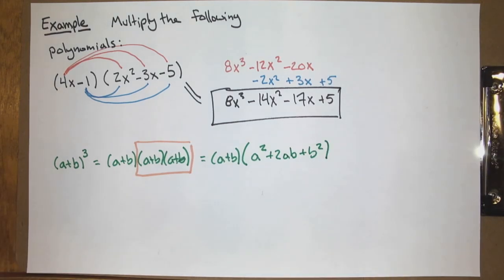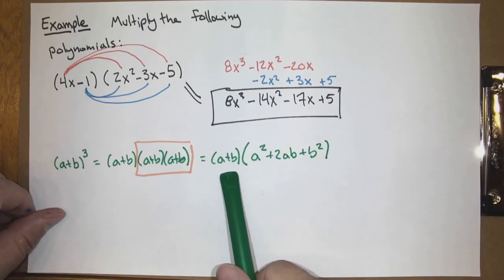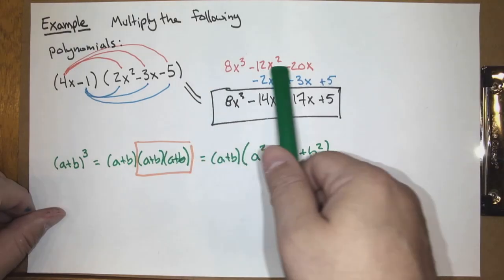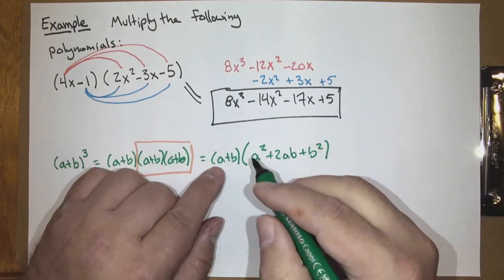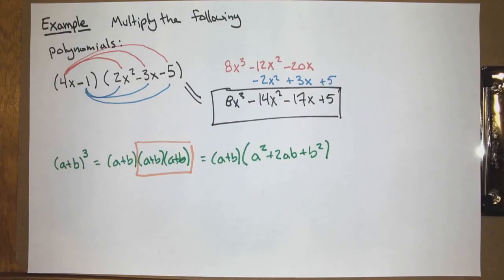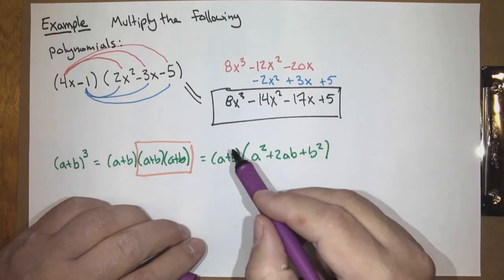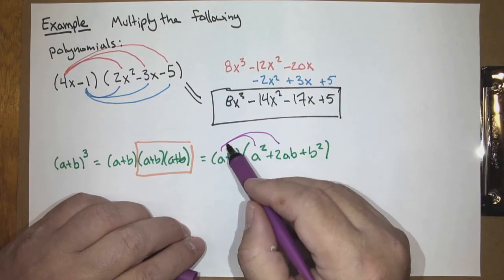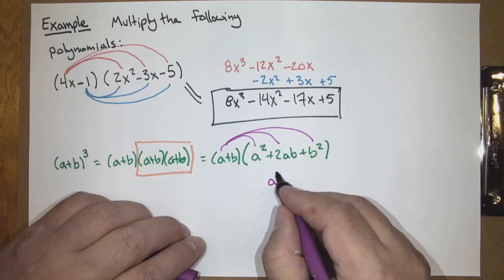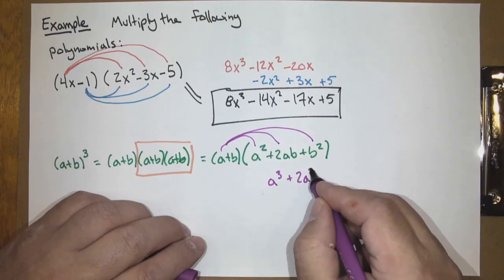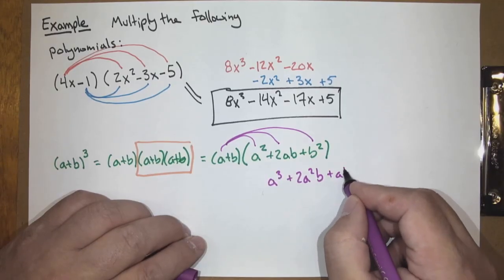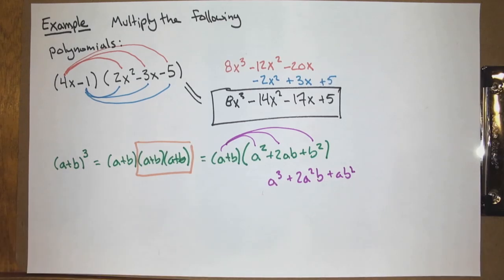Okay, now what can we do? Well, now we can multiply these 2 together. Same philosophy, so it's not going to be too different. A goes through each term, so that's an A cubed, a 2A squared B, and an AB squared. And then we'll put a B through each term.